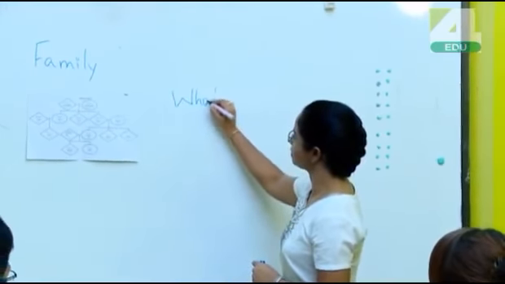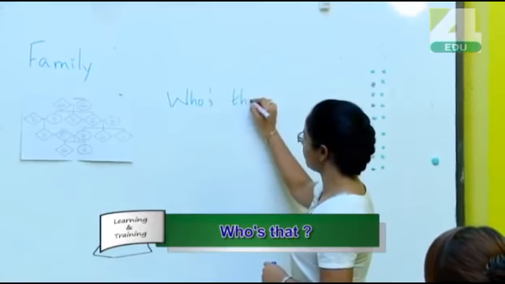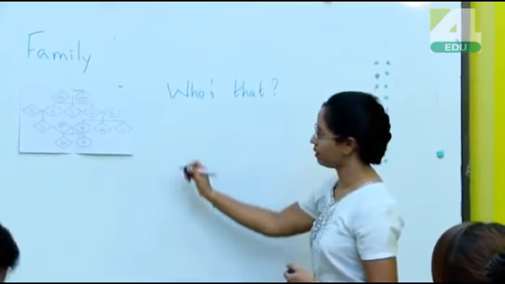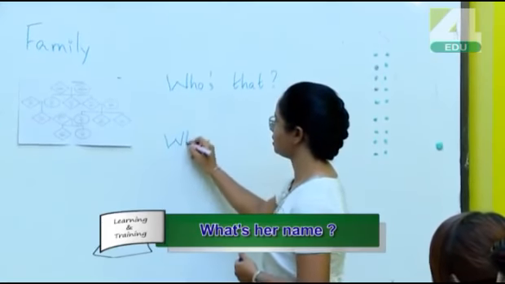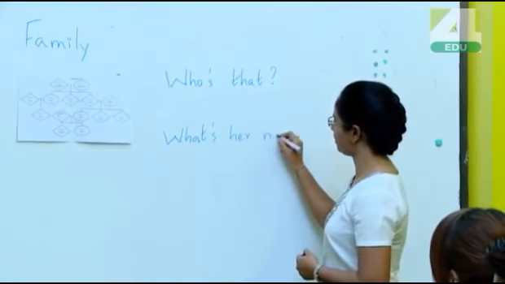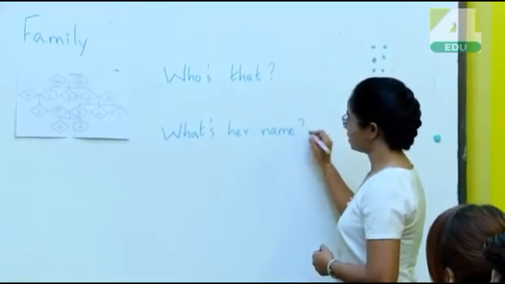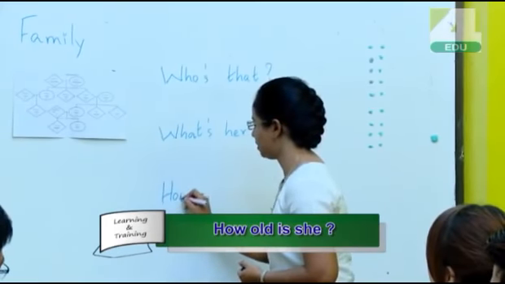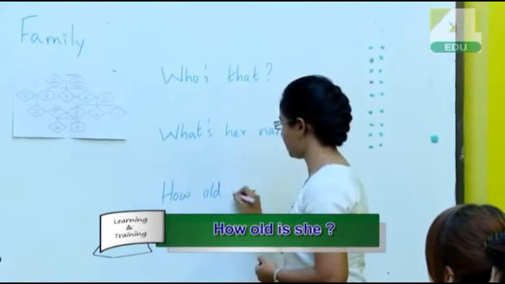Who's that? Okay, who's that? Second question, do you remember? What's her name? Right. What's her name? Third question, do you remember? How old is she? How old is she?